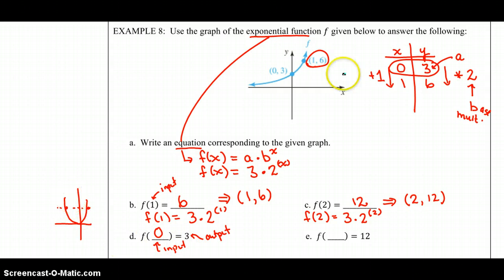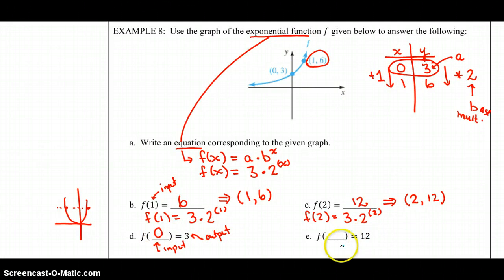But these exponential curves, unlike the quadratics that made this curve and then bent around and came back up, don't do that. They have this kind of bend in there, but they're either always increasing or always decreasing. They never turn around on themselves. So we found one input that has this output, and that's all there'll be. There won't be another one.